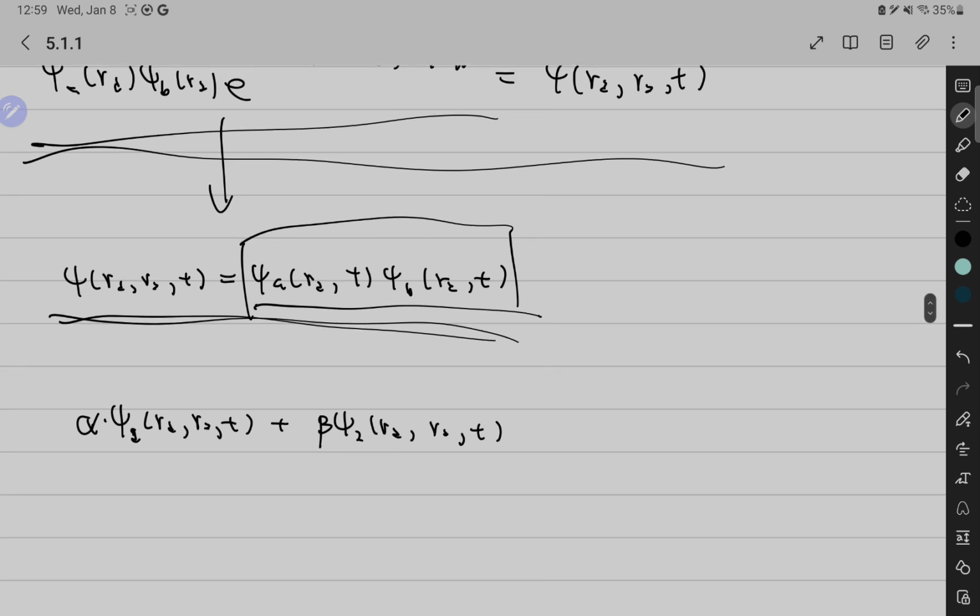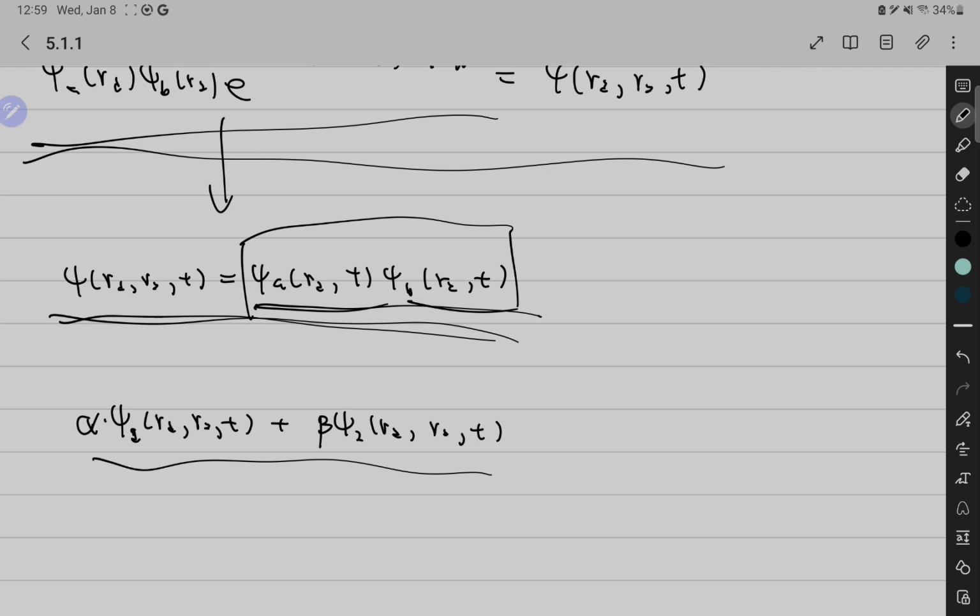Because if our phi 1 and phi 2 are both valid solutions to our Schrödinger equation, then any linear combination, which is what I have right down here, is also a valid solution for our case.